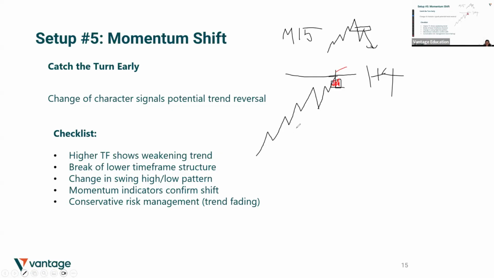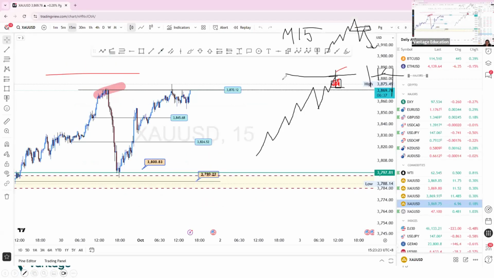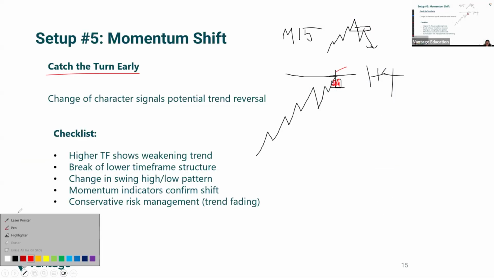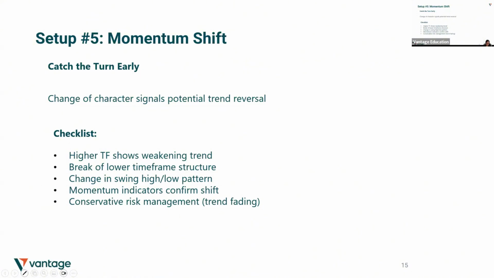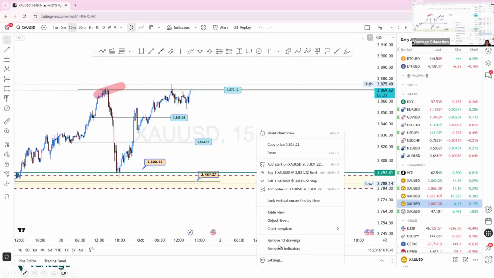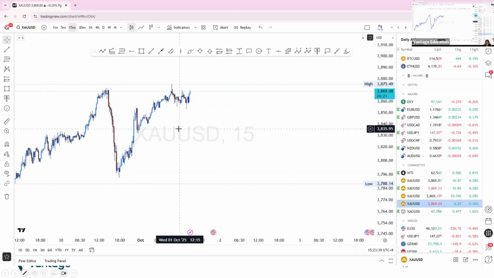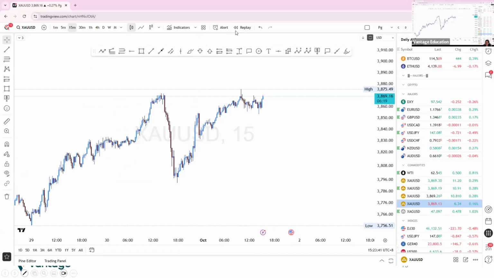You go back. So that's why they say catch the turn early, meaning here. Let me delete, let me remove, and I go back to H4.